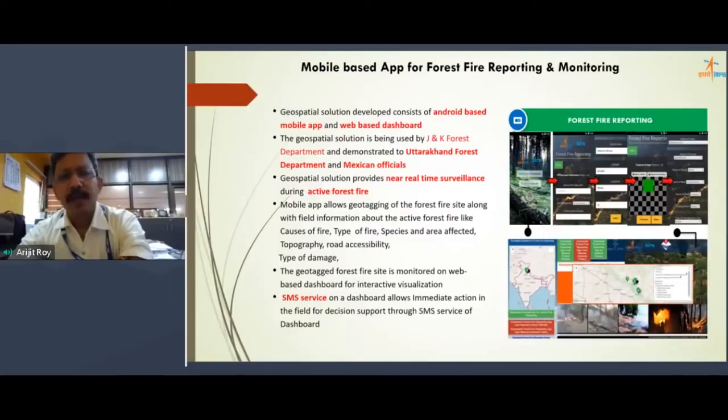And since this web dashboard is located in the head office or the control office, they are able to monitor and move the resources to combat the forest fires.